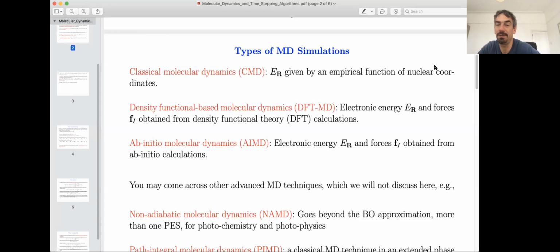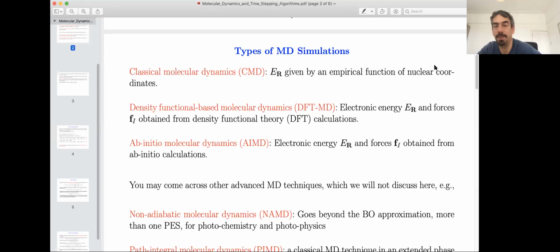So you can fit these parabolic functions, for instance, to data that you get from electronic structure calculations. But the advantage is that you have an analytic form of your potential energy surface that's called a force field, and you have an analytic form of your nuclear forces. So that means this is very quick to calculate.